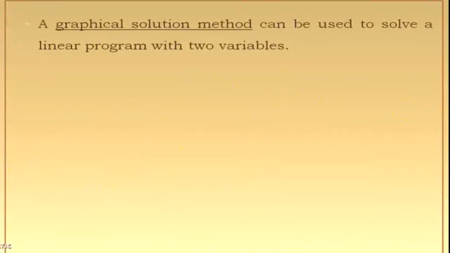A graphical solution method can be used to solve a linear program with two variables. A constraint is an inequality that defines how the values of the variables in a problem are limited. In order for linear programming techniques to work, all constraints should be linear inequalities.